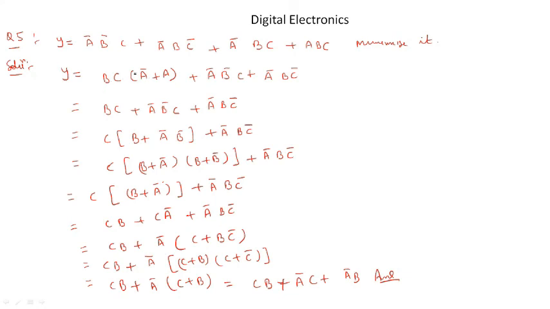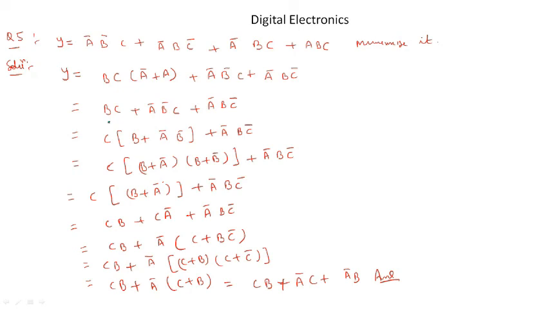So in bracket you will have (a bar plus a) plus a bar b bar c plus a bar b c bar. You know that a bar plus a will be 1, so when bc is multiplied by 1, it will be bc plus a bar b bar c plus a bar b c bar.